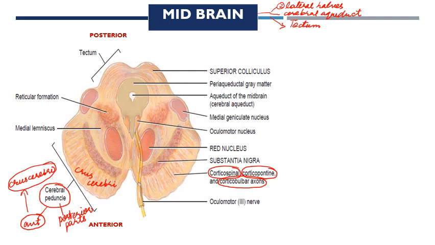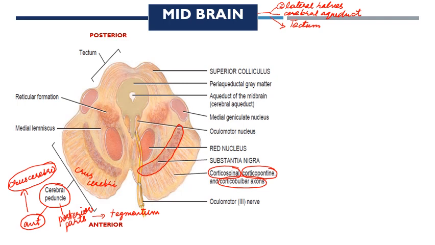The posterior part of the cerebral peduncle is called tegmentum. Basically, the anterior and posterior halves are separated from each other by the substantia nigra, that is a mass of gray matter.